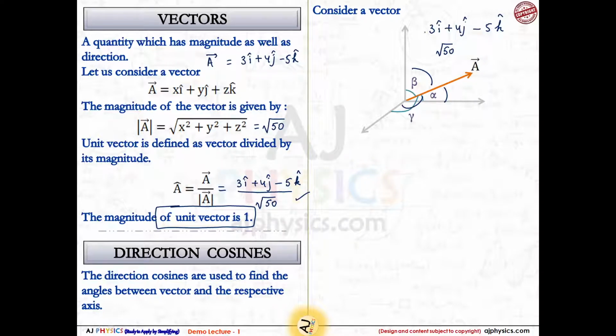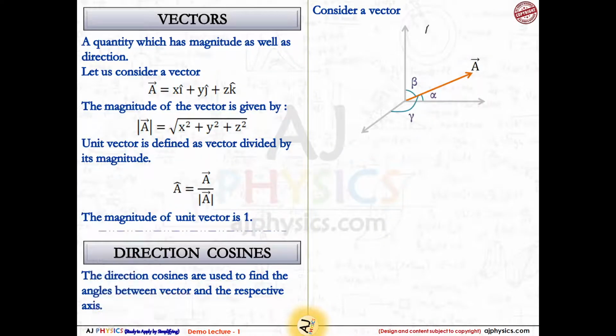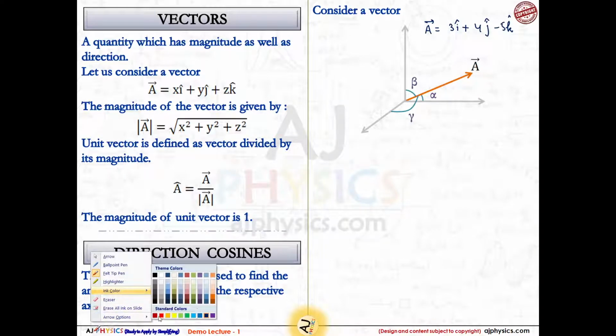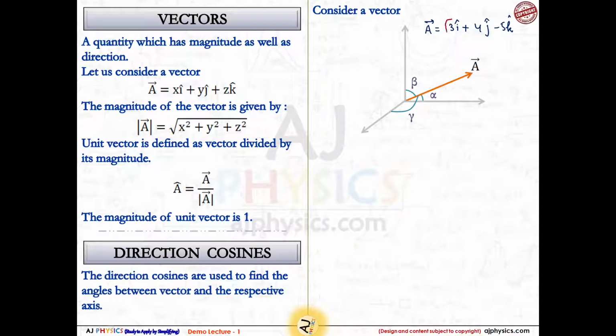So this part, I must tell you one thing. Let us consider this a vector as 3 i cap. I'll tell you one important point here. This is known as 3 parts. This is known as 4 parts in y-axis. This is 5 parts in minus z-axis. So in x-axis, it could be 3 parts here.